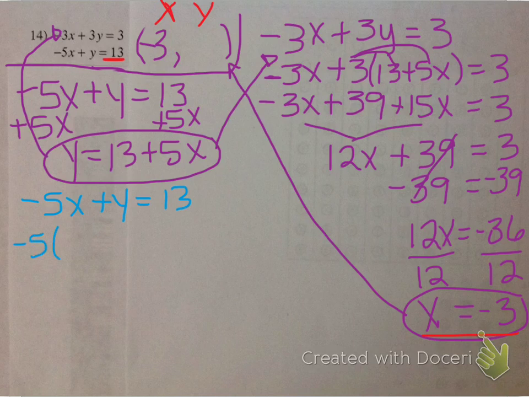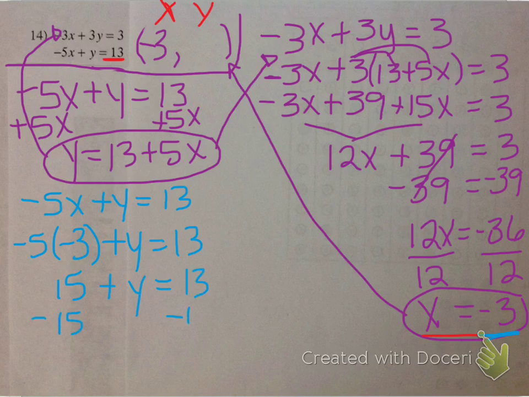5, open parentheses, substitute my value, negative 3, plus y equals 13. Okay, 5 times negative 3 is negative 15, plus y equals 13. Subtract 15 from both sides, and I have y equals negative 2.